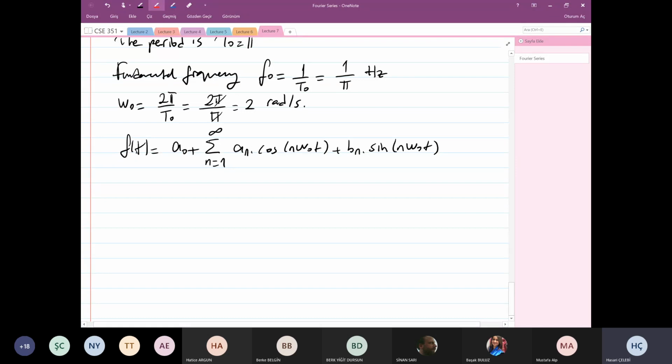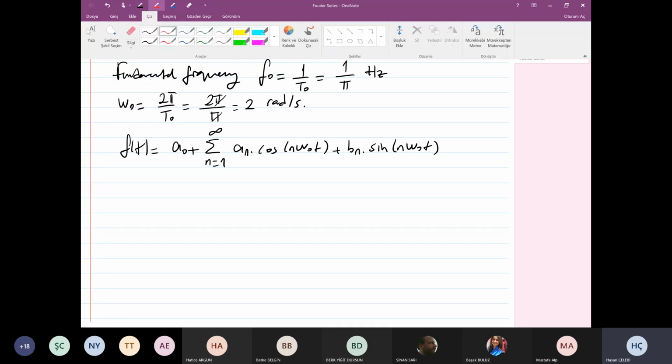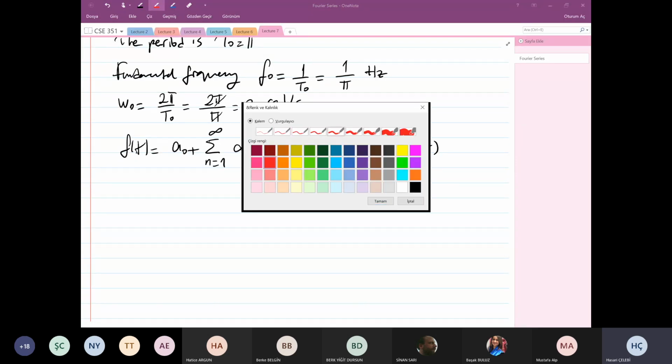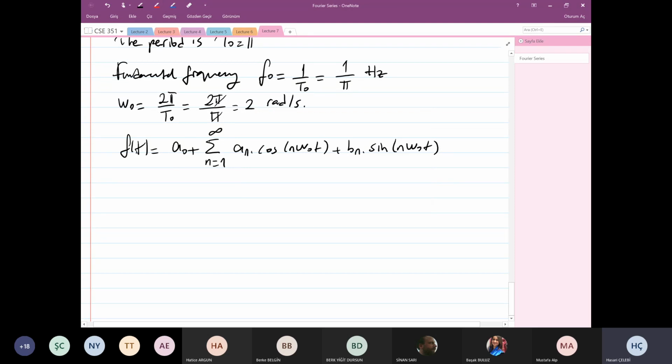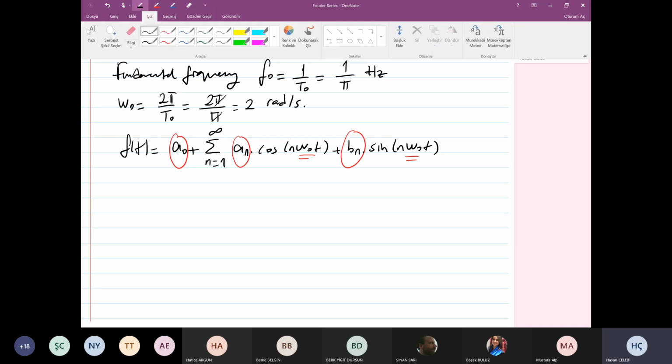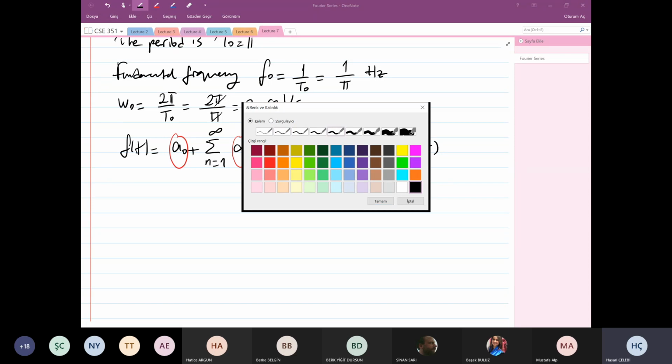So what are the unknowns in this case? The unknowns are a0, an, and bn. We already found the fundamental frequency omega 0. So how are we going to find a0, an, and bn? Using the equations that we just learned.